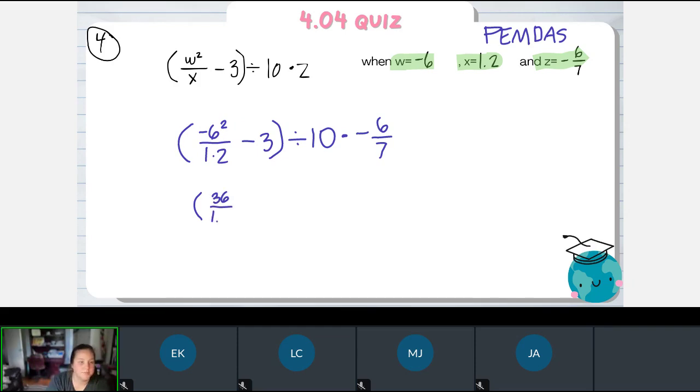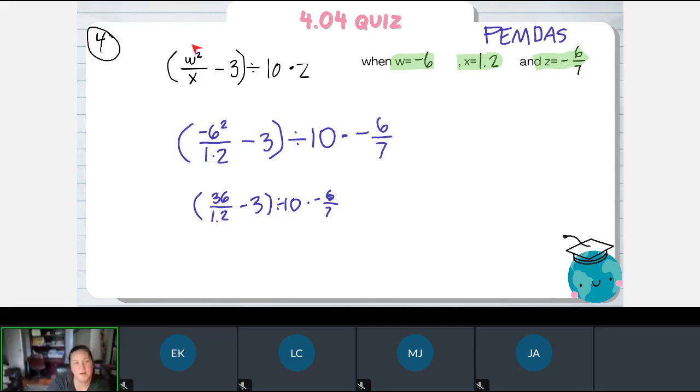over 1.2 minus 3, and then you copy down the rest of your problem, divided by 10 times -6 over 7. Okay, so now we can solve that fraction slash division problem. 36 over 1.2 is what?